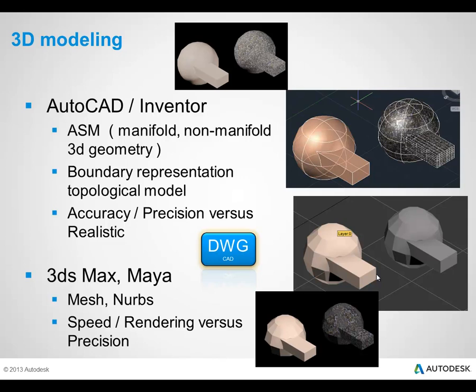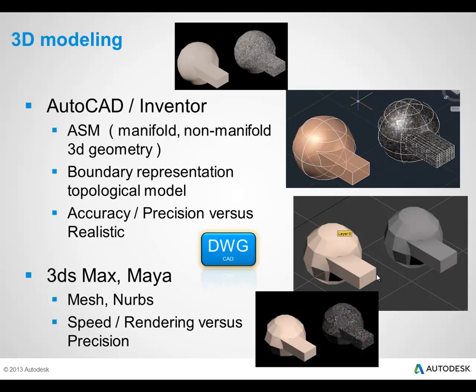So AutoCAD and Inventor, for example, are high precision modelers. The Autodesk Shape Manager, or ASM, is a manifold and non-manifold type of 3D geometry tool. It's typically using boundary representation for the visualization aspect of these models, more commonly called a solid modeler.